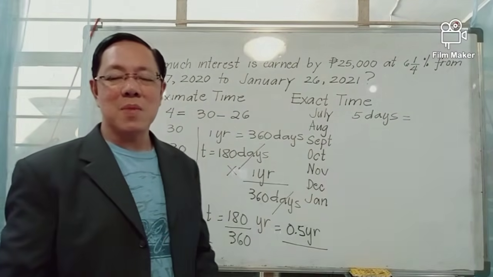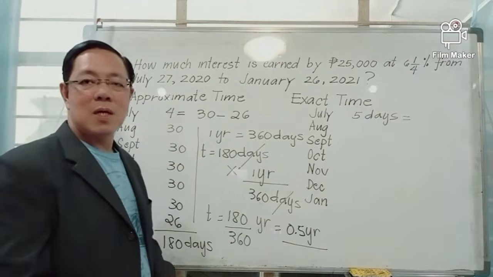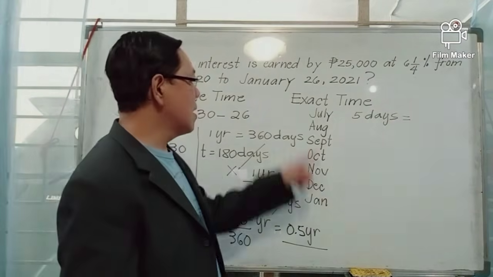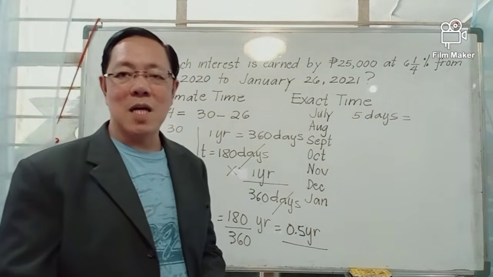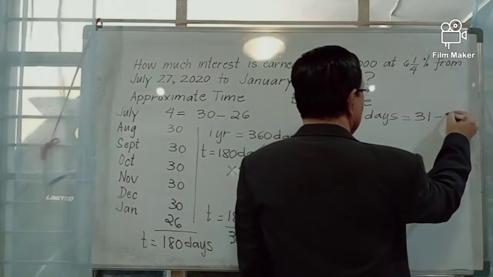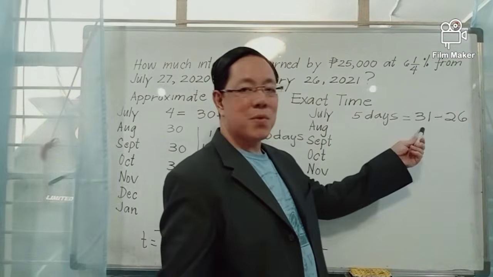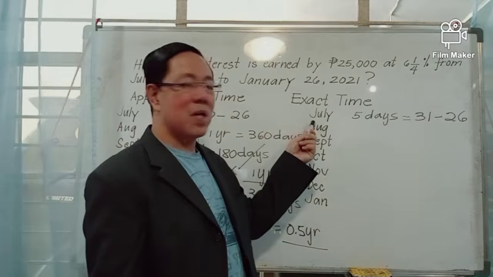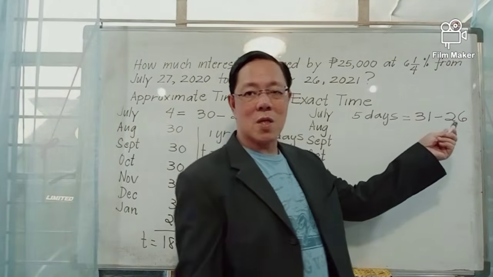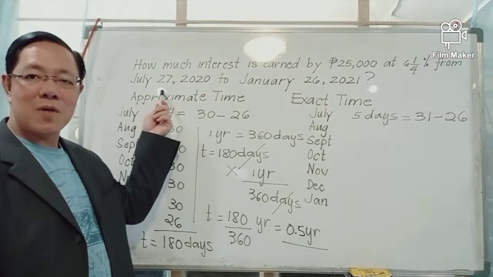Or we can get 5 days by subtracting 26. 27 minus 1 is 26, and we subtract 26 from 31, the exact number of days for July. We have 31 here because the exact number of days for July is 31. And 26 is obtained by subtracting 1 from 27.